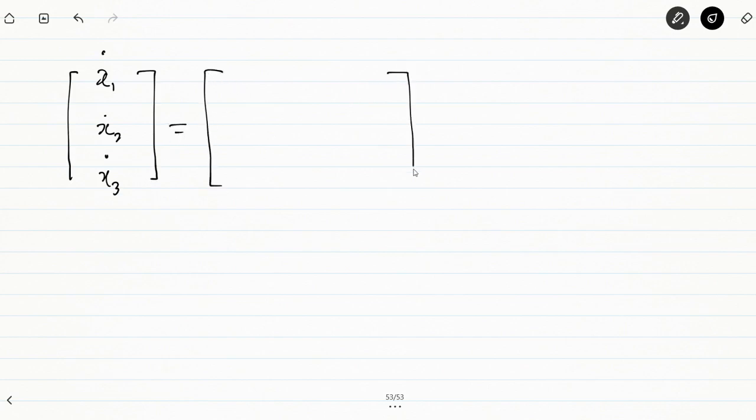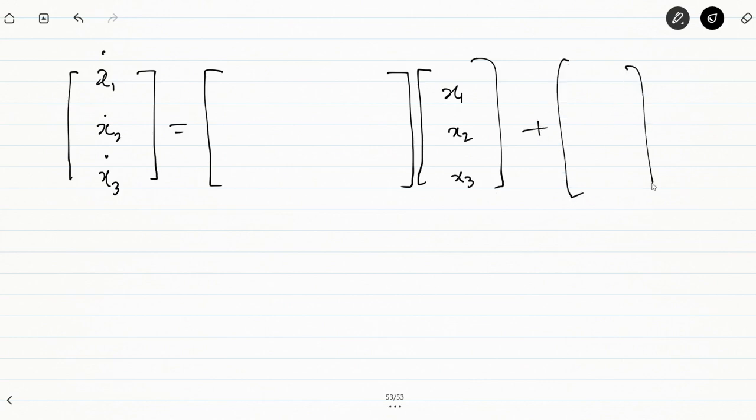So putting this in the state space form, we get x1 dot, x2 dot, x3 dot equal to a matrix times x1, x2, x3 plus something times u.